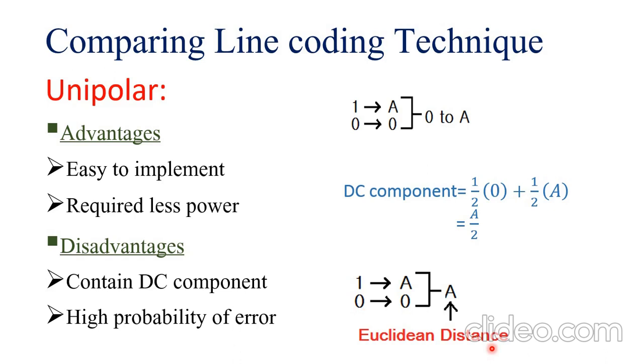As the Euclidean distance is A over here, that is less. That's why the probability of error is high. I will explain the Euclidean distance of other schemes, so it will be more clear to you. So here the Euclidean distance is A. That's why the probability of error is more.